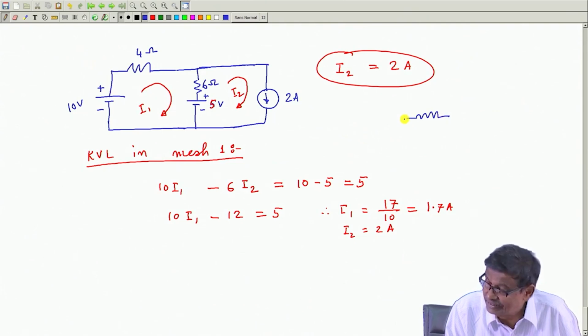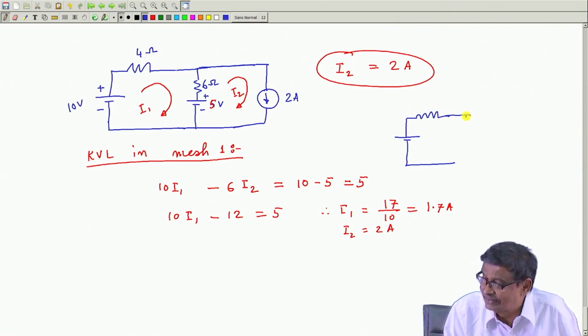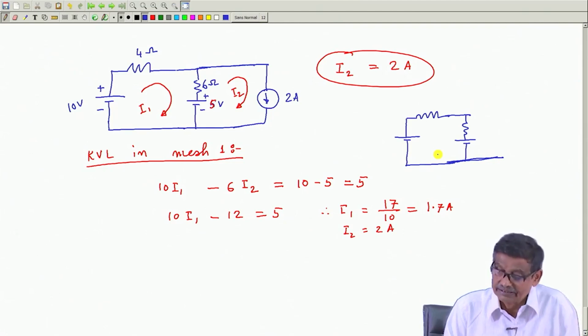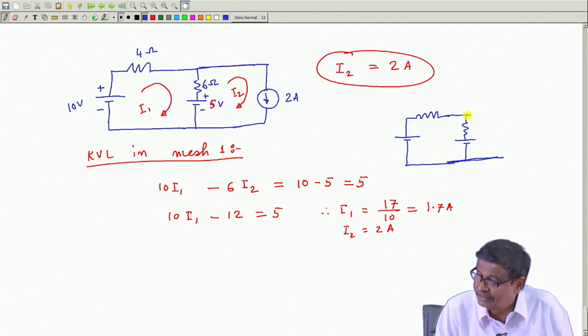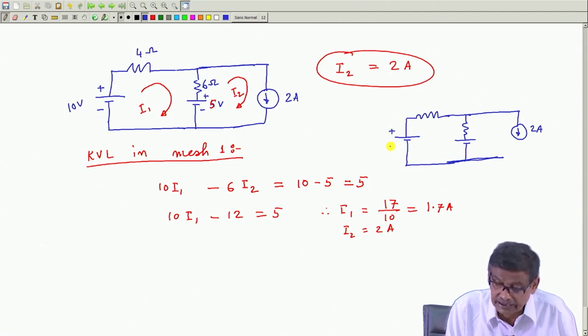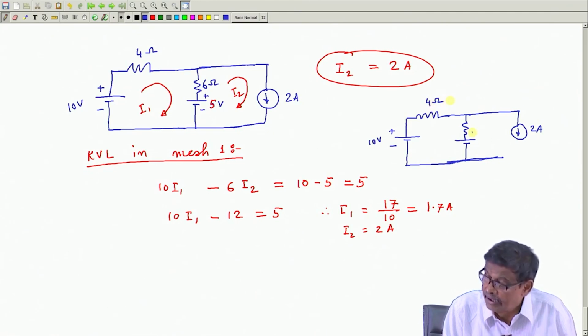I will redraw the circuit. It is suggested at least for those who are getting initiated to circuit analysis. What I am telling, this was the original circuit, 2 ampere, plus minus 10 volt, this is 4 ohm and this is 6 ohm and this is plus minus 5 volt.